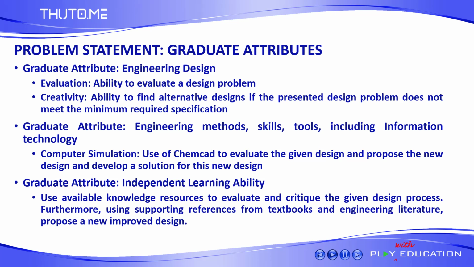And lastly, you will further demonstrate competence in the graduate attribute of independent learning ability. This will be demonstrated by your ability to use available knowledge resources to evaluate and critique the given design problem. Furthermore, using supporting references from textbooks and engineering literature to propose a new improved and sensible design.